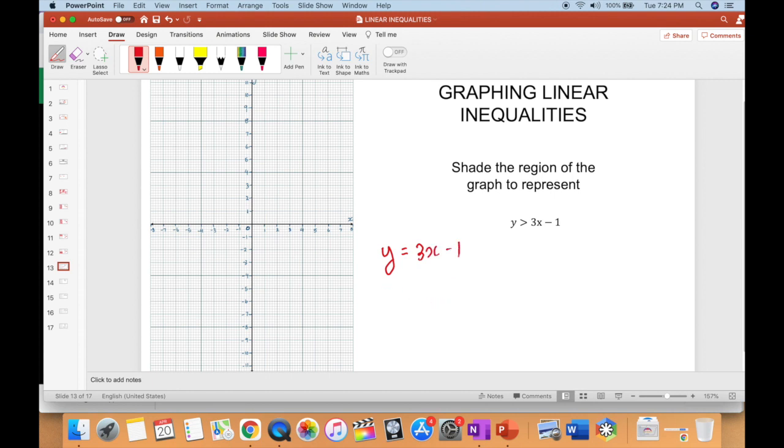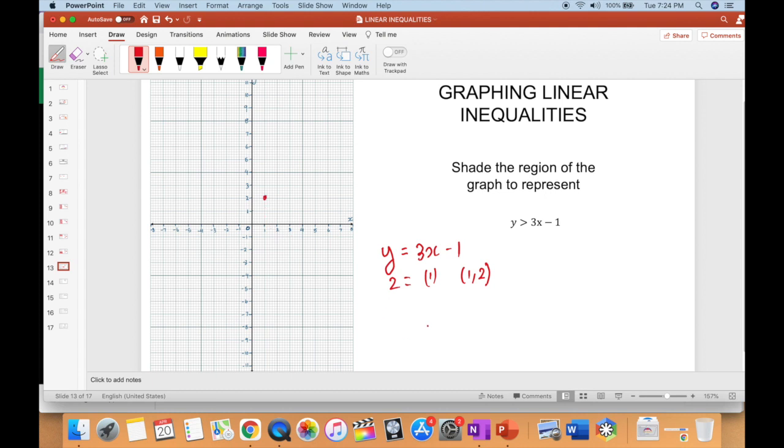In order to draw that line, I need 2 points. So let's try when x is 1. When x is 1, what will y be? 3 ones are 3, minus 1 is 2. So I'll come here, when x is 1, y is 2. That is my first point there.